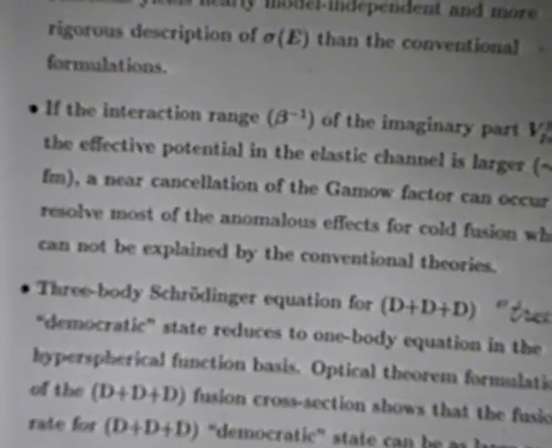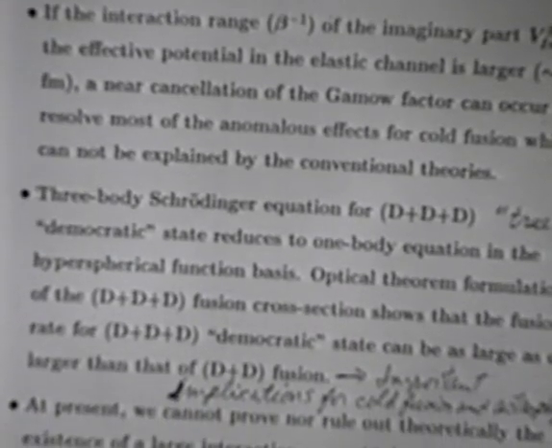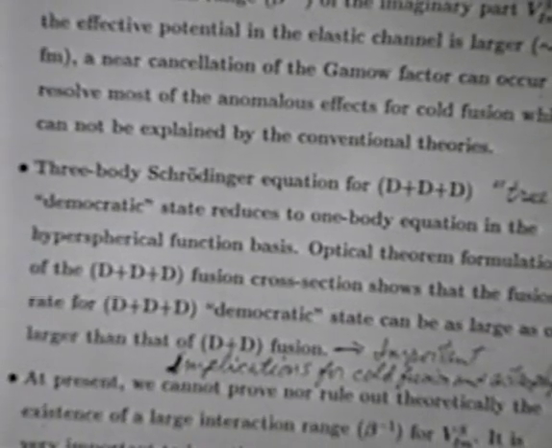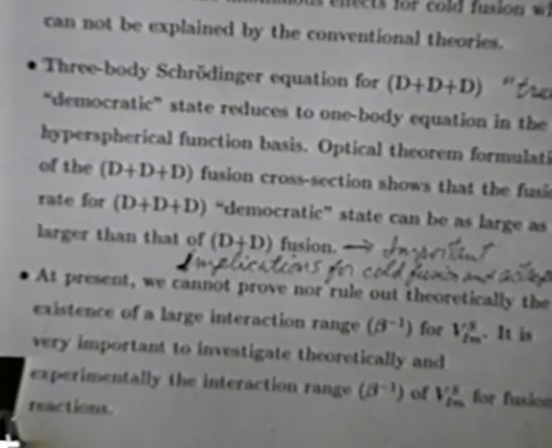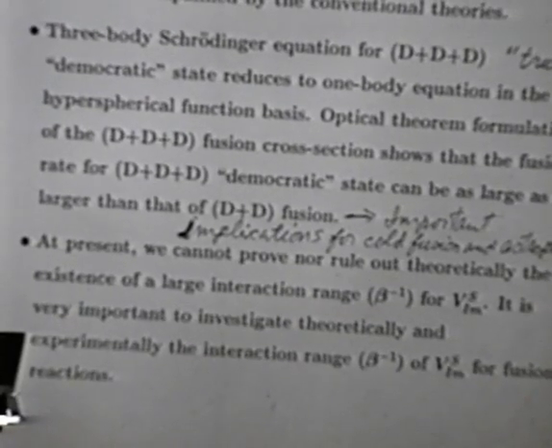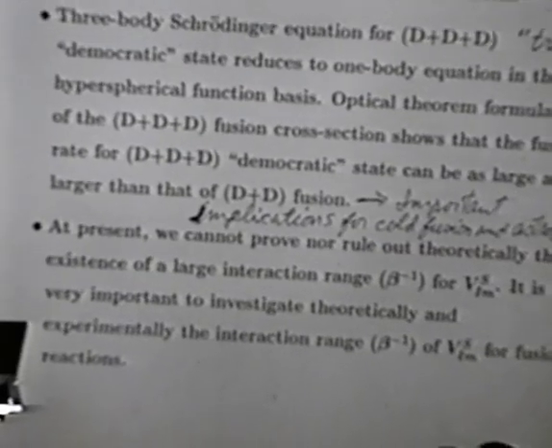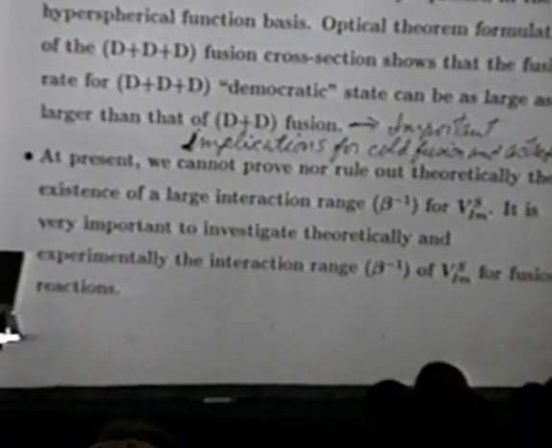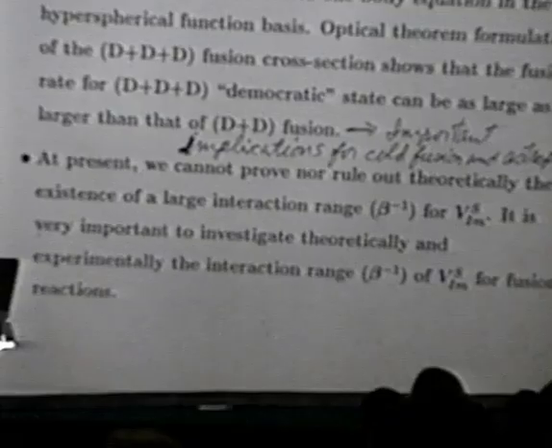Furthermore, larger Z fusion has a larger fusion rate, which is a big surprise to me. And the three-body scattering state is something one should really pursue. We haven't done the detailed numerical calculation, but we have an order of magnitude estimate.